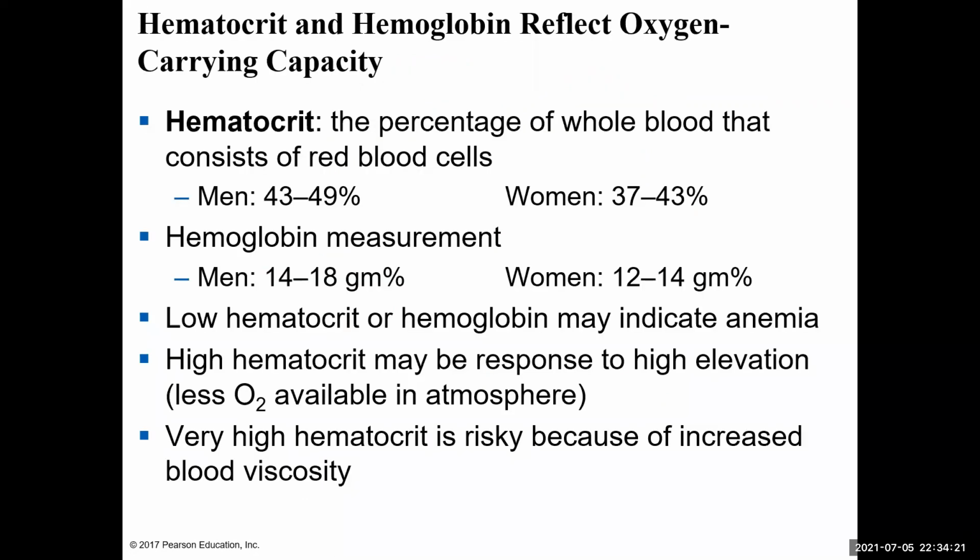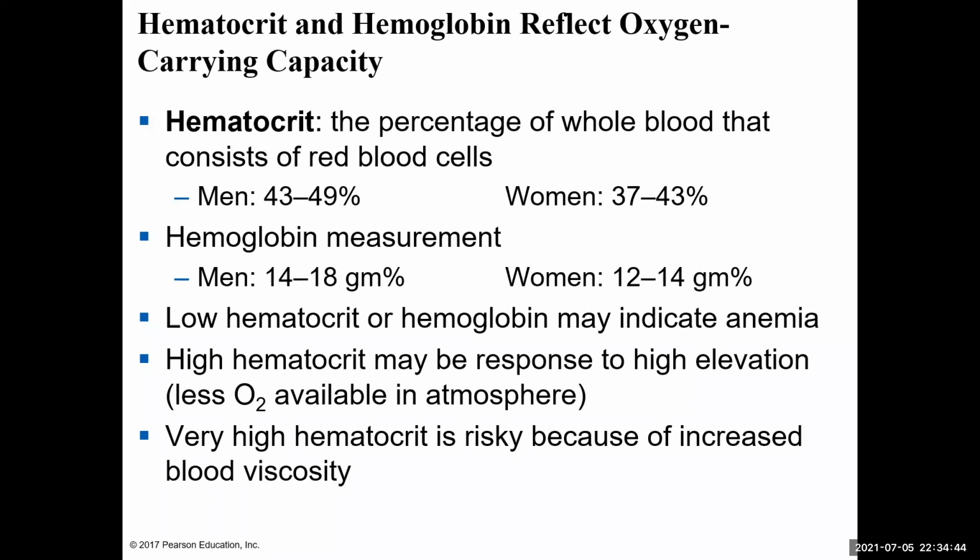And now, whenever we were talking about the whole blood earlier, I mentioned the term hematocrit. Okay. And so hematocrit reflects basically the oxygen carrying capacity of the organism whose blood sample you're measuring the hematocrit from.